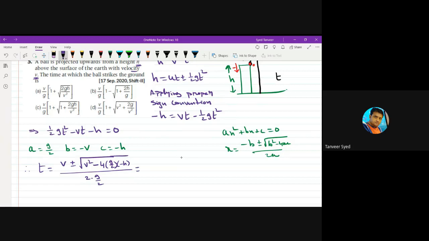Now you simplify this and take out v by g common, do something, you will get any one of the options. Okay, what happens inside the bracket? This will be v plus or minus root of v square plus 2gh, by 2 to cancel g.